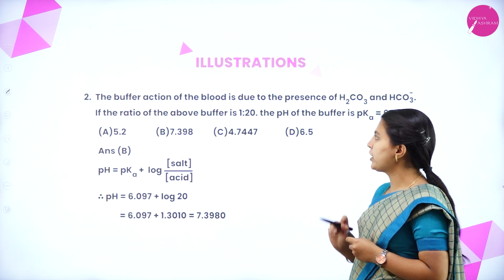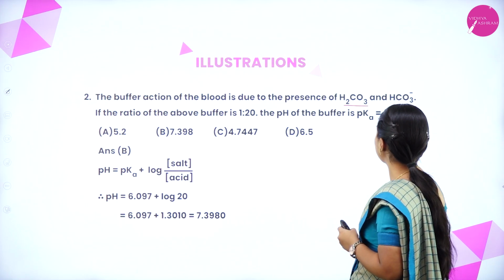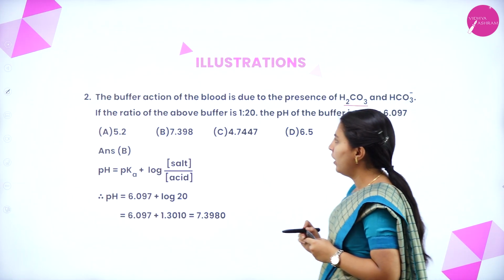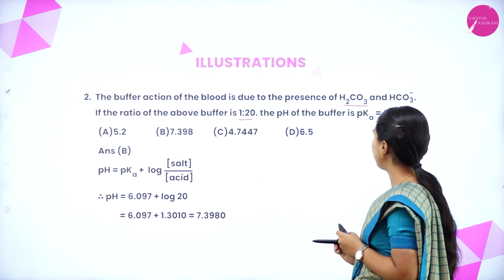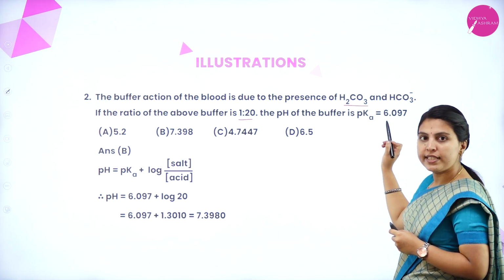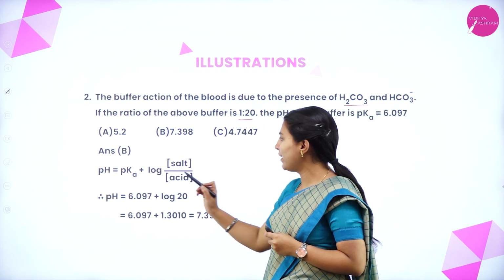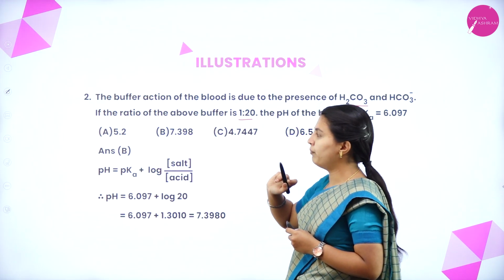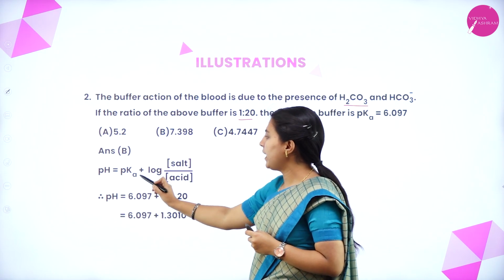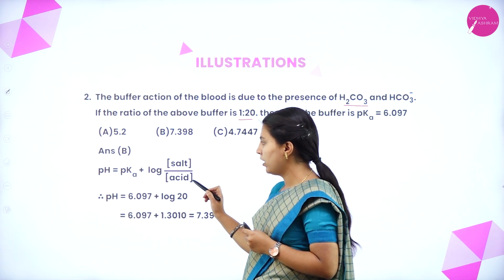Next, the buffer action of the blood is due to the presence of carbonic acid and bicarbonate. If the ratio of the above buffer is 1:20, what is the pH of the buffer, given pKa equal to 6.097? We know the relation for the buffer action of blood: pH equals pKa plus log of concentration of salt by concentration of acid.